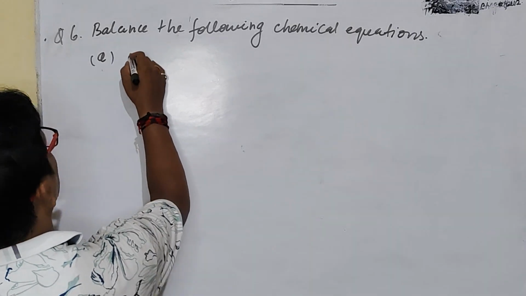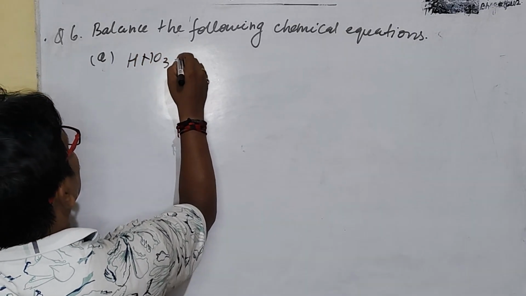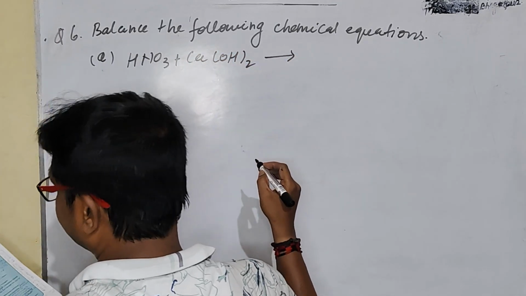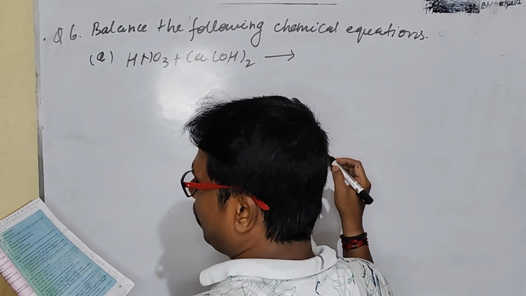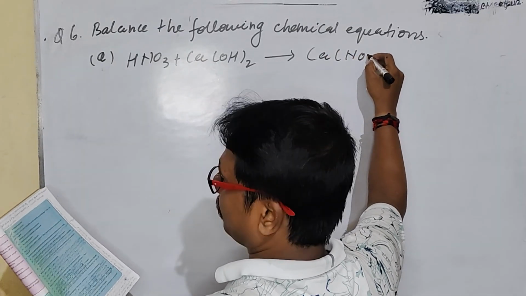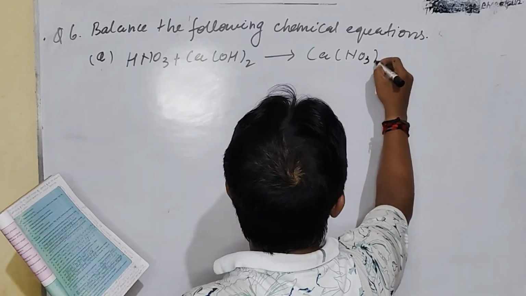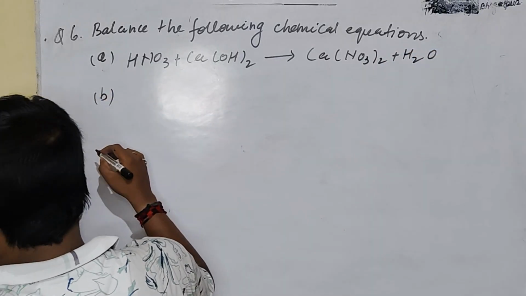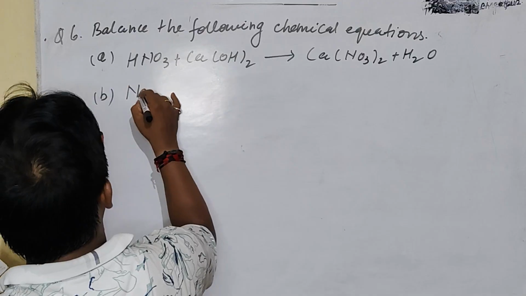HNO3 plus Ca(OH)2 gives Ca(NO3)2 plus H2O. And the next is NaOH plus H2SO4.